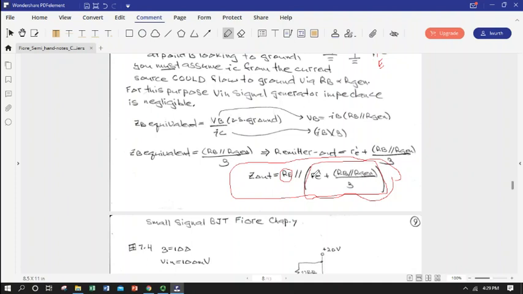R little e tends again to be pretty low. Then we've got what could be a fairly big resistance in the form of the base. It's going to be in parallel with what's probably a lower resistance going back into our input source, and those are both going to be divided by beta, which is a big number.